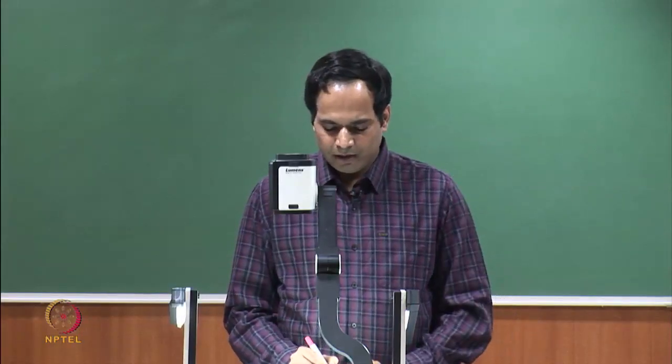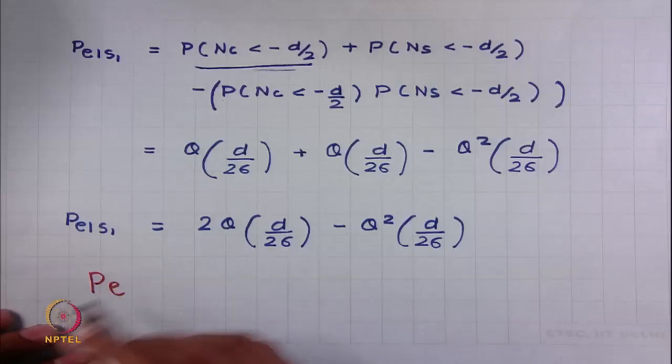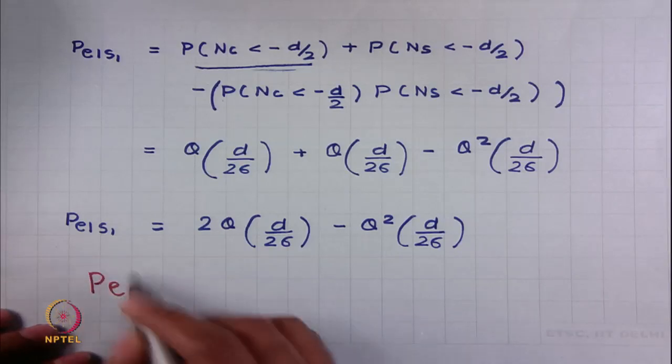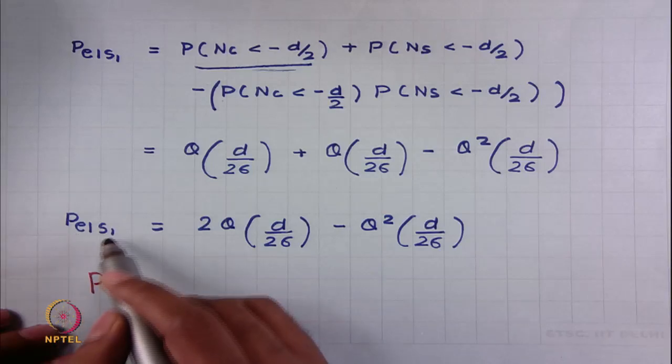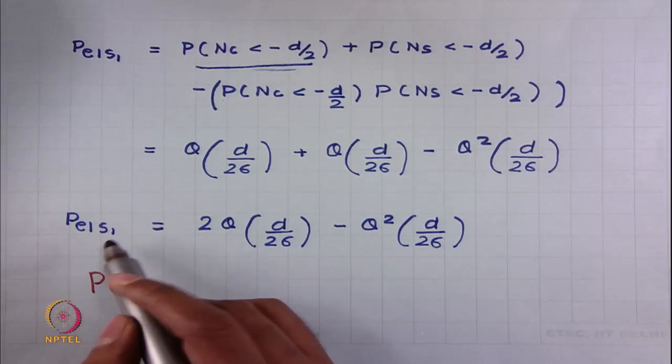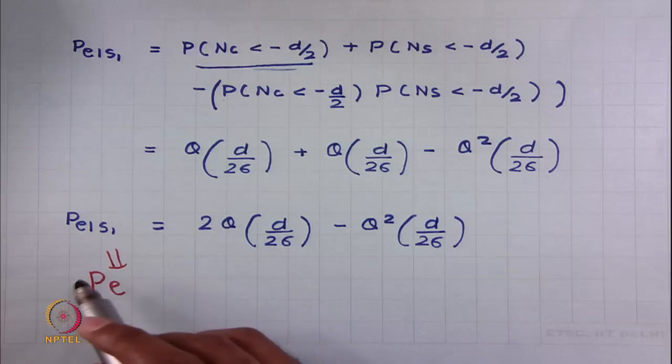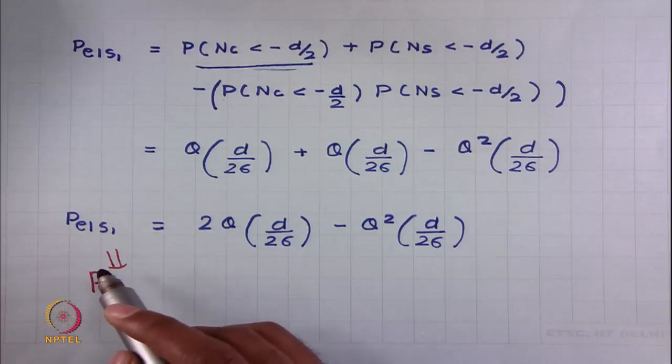Now, but we have to find the probability of error, the average symbol error rate. We have found out the error rate given that we have transmitted S1, but from here we have to go to find out the average symbol error rate.